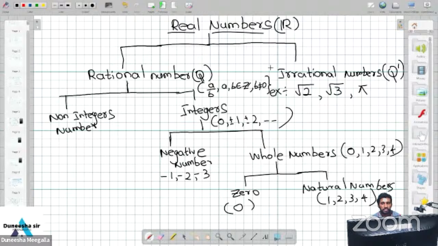Then what are the non-integer values? Integers, non-integers, you can get decimals. Decimal එක දෙකට බෙදනවා, terminating and repeating.